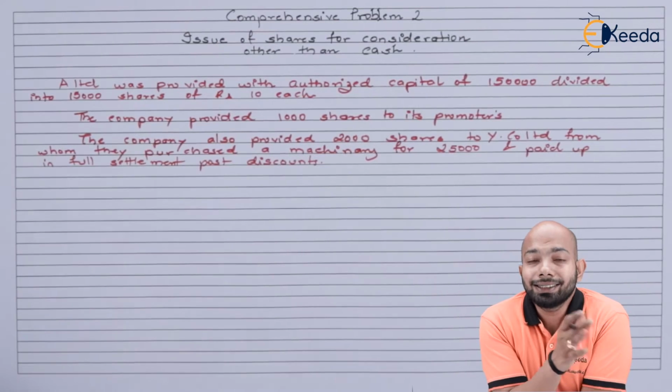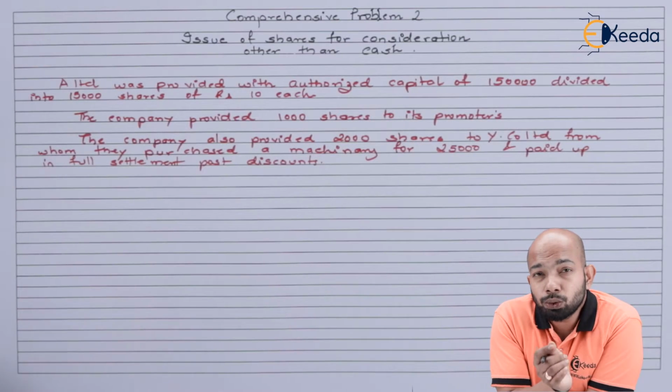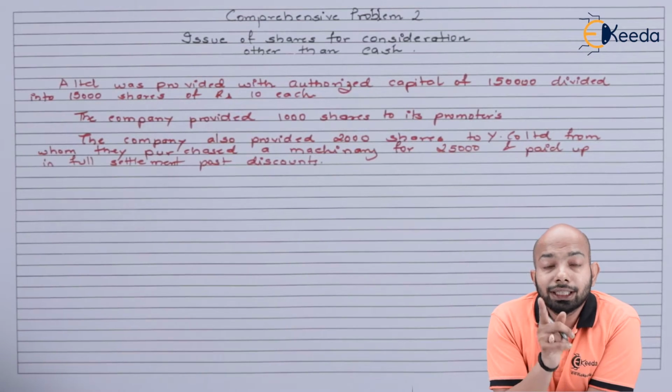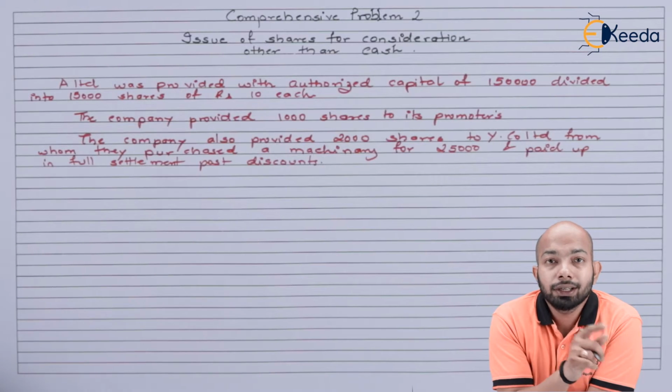Now, the company has done certain transactions during the year, and two have been mentioned here. The first transaction refers to the company providing 1,000 shares to its promoters.